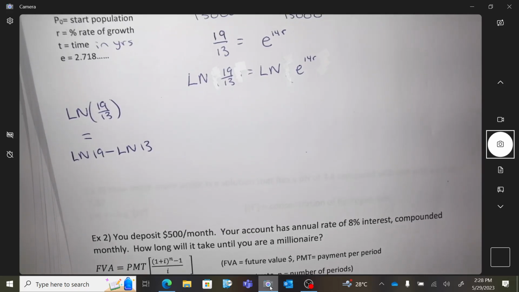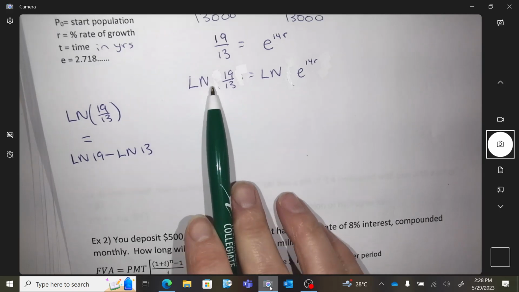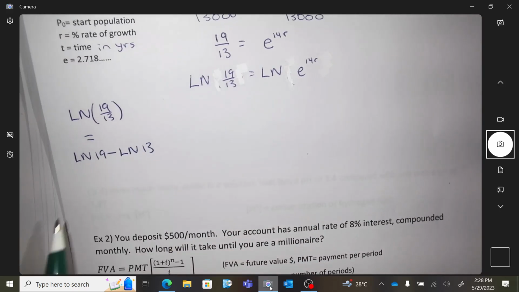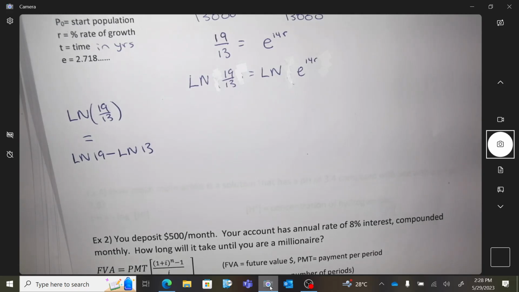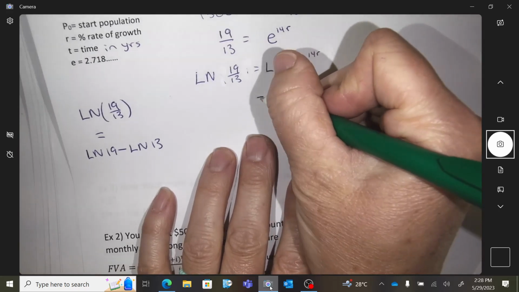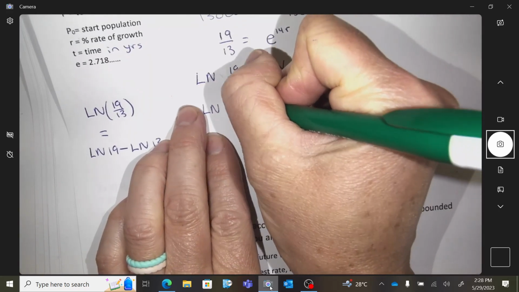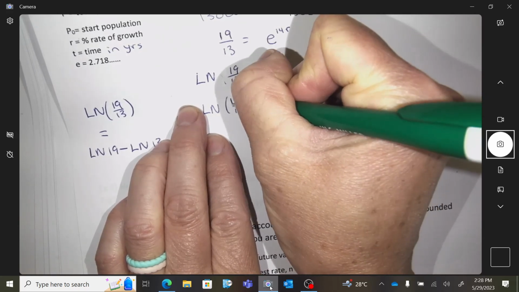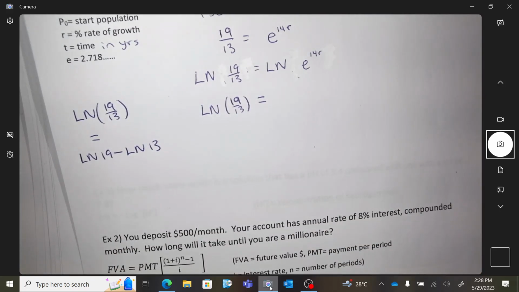Division, split. If you do it in your calculator like this, it's fine, but it would have to have brackets on it. So you can write that, keep that, or you can write that. I'm probably in my calculator just going to leave it because it doesn't matter at that point.